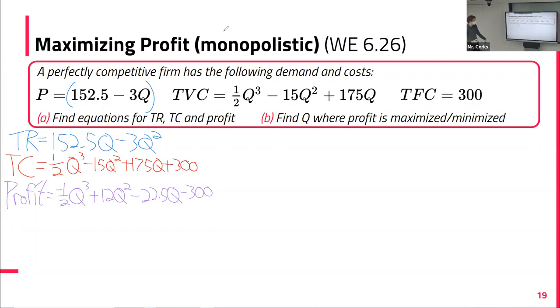And so same process as before, we're going to do our first derivative, solve for q, and all of that. So start there. First derivative is negative 3 over 2 q squared plus 24q minus 22.5.